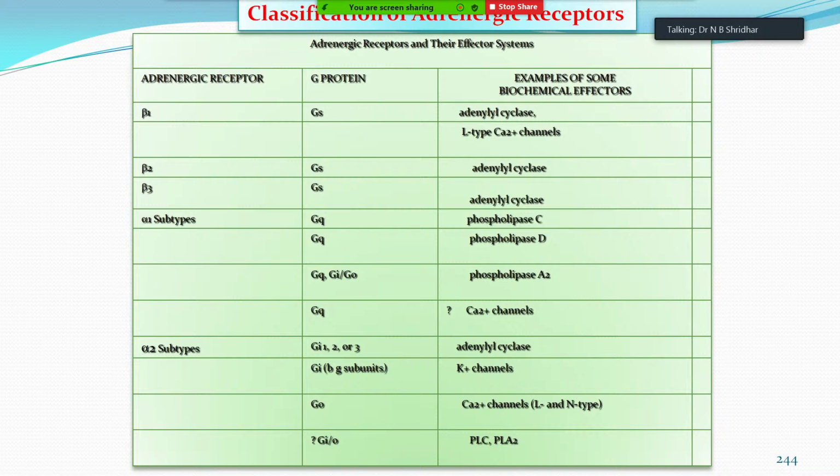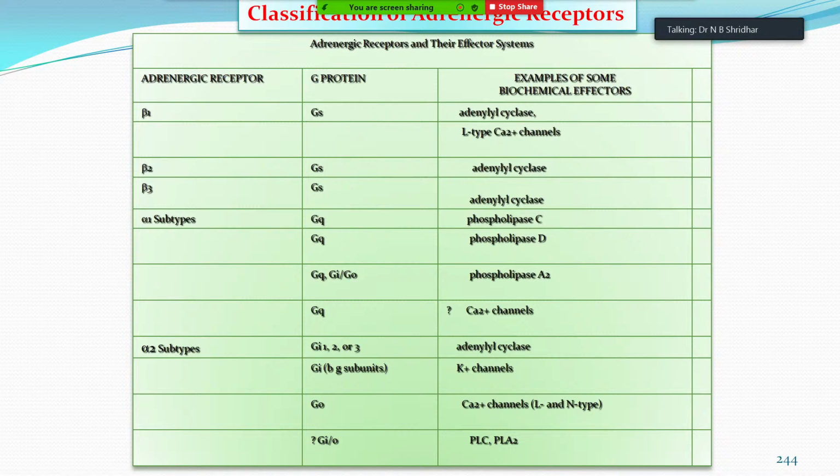The beta 2 is also adenylyl cyclase, cyclic AMP and calcium channel. That's the molecular pathway. The beta 3 receptors are also coupled with G stimulatory proteins. So all these three receptors, beta 1, beta 2, beta 3, are excitatory in action.